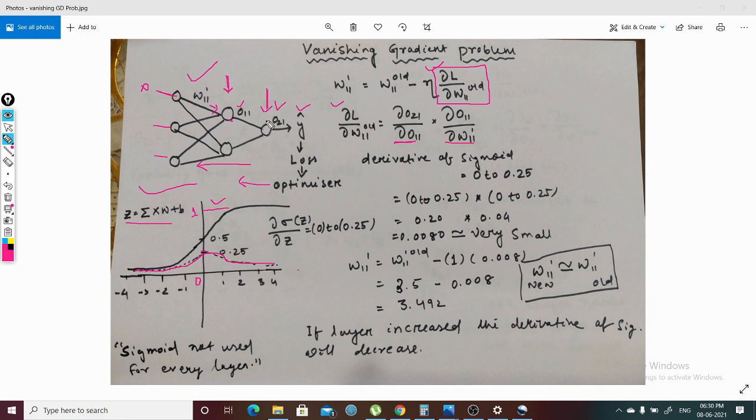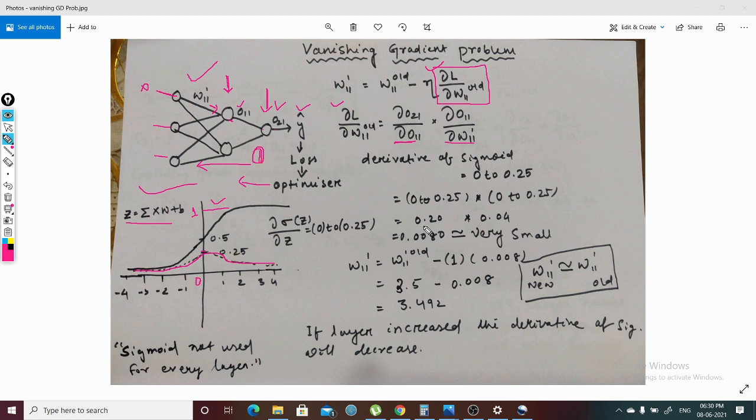For this particular layer, if you try to go forward, the derivative will decrease exponentially. Whatever derivative value you are getting for this layer, it decreases in the next layer. So slowly it will try to decrease, but initially it will be quite close to 0.25.